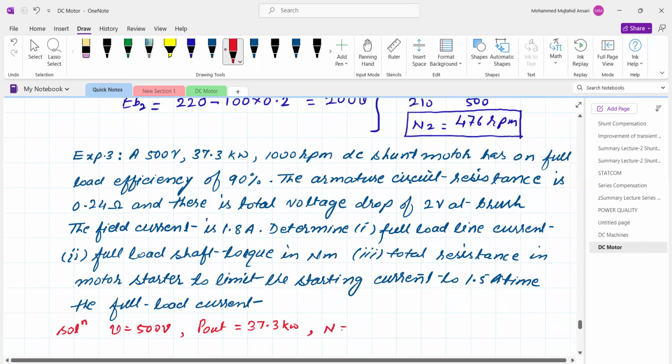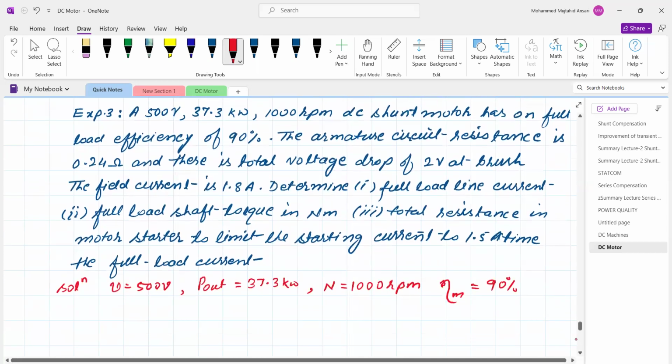Speed N is equal to 1000 RPM, and the full load efficiency of the motor is equal to 90%. The armature resistance RA is 0.24 ohms and the brush drop is 2 volt.